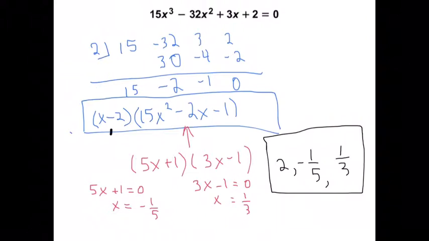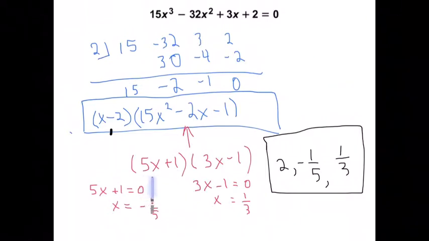So once you do divide it, it's going to turn out to be x minus 2. Then you're going to get 15x squared minus 2x minus 1. And if you don't get a 0 at the end, then there's a good chance you might have made a mistake. So always make sure that there's a 0 at the end. So 15x squared minus 2x minus 1.